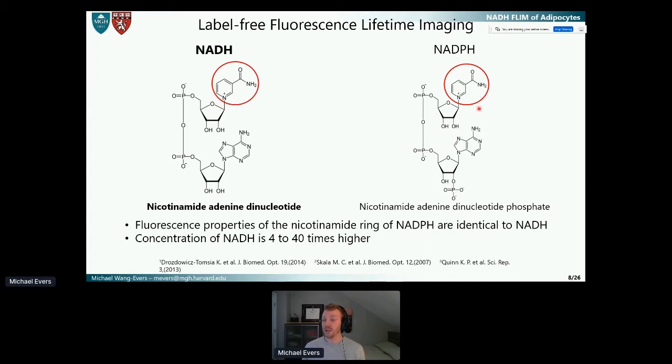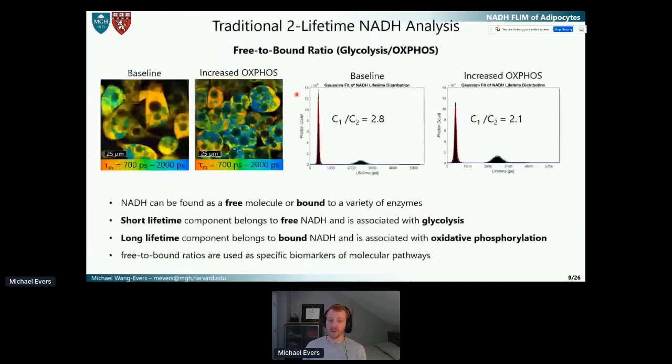Also, NADPH has the same ring. However, luckily, for example, Melissa Skala and others showed in their papers that the NADH concentration is 4 to 40 times higher. So we basically neglected NADPH and just looked at NADH in our research.